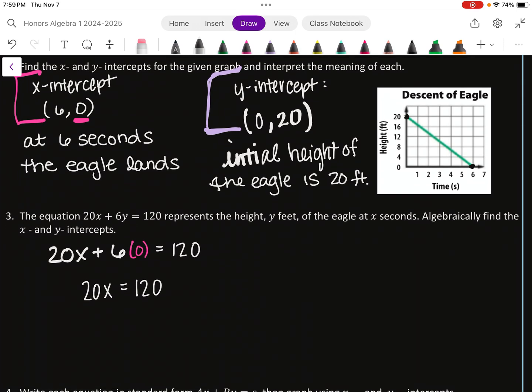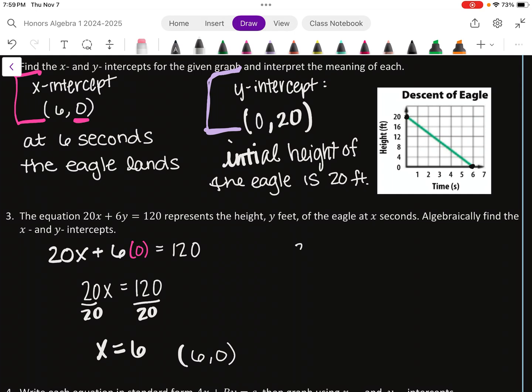Divide both sides by 20, and I have x is equal to 6. But I don't leave it like that. That's just a solution, right? The actual intercept is (6, 0). And that's, in fact, what we found on the graph, too.